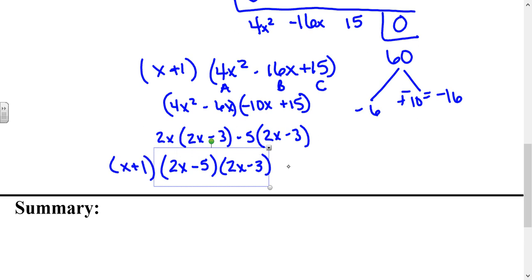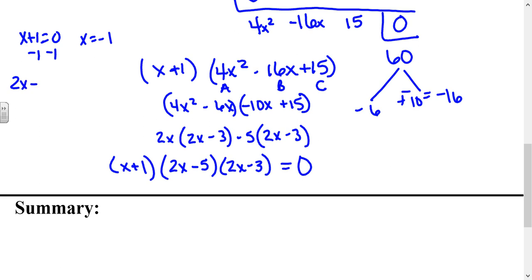Now remember, to get my zeros, I set all of these equal to 0. So I had x plus 1 equals 0, which makes x equals -1, because I would subtract 1 from both sides. Then I have 2x minus 5 equals 0, so I would add 5 to both sides. And then I would get 2x equals 5, so I'd divide by 2.